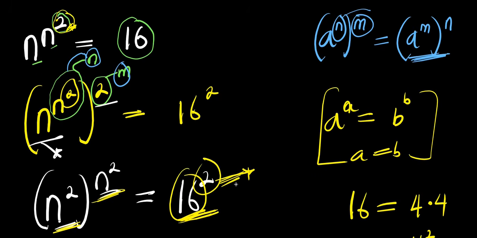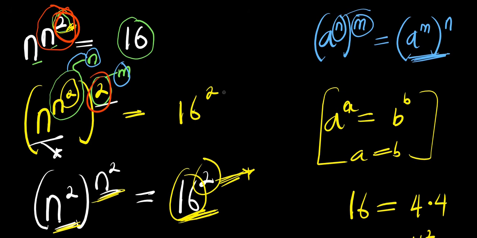Now a quick recap. The first step is to ensure that you consider this exponent as a unit, and also you multiply the exponent with the number you have at the top, which is 2.